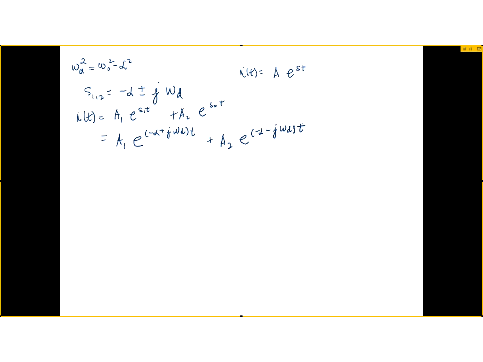Now, depending on how detailed your Calc 2 teacher went into this, people should know what this is. What is e to the j theta? Well, it's called Euler's identity.